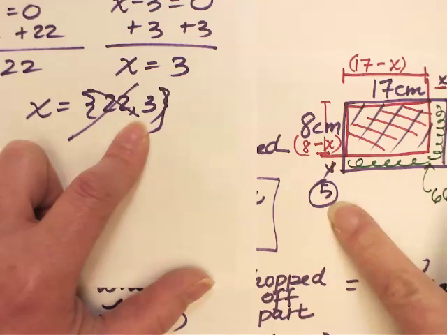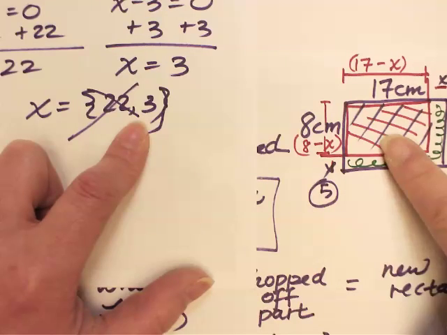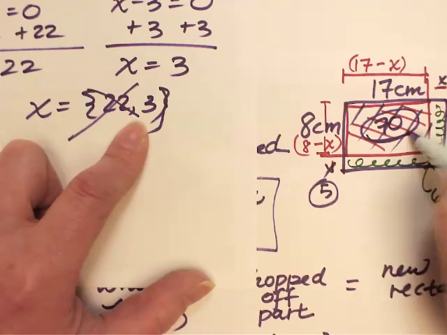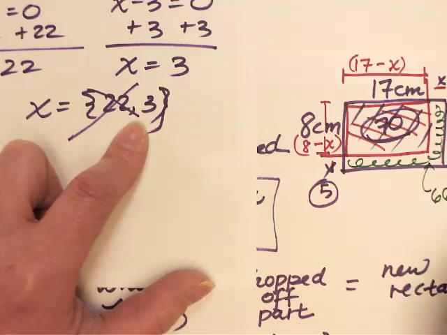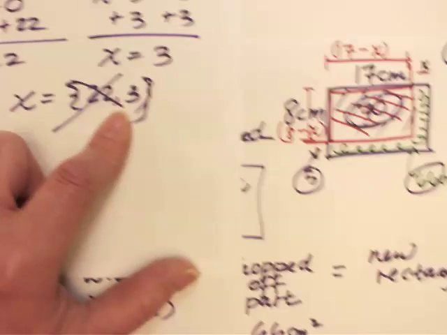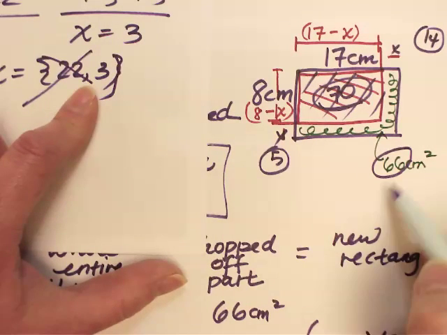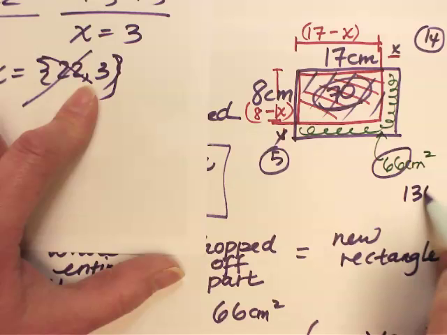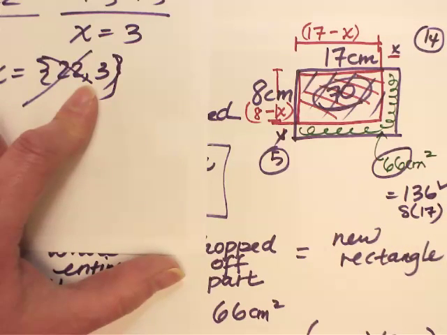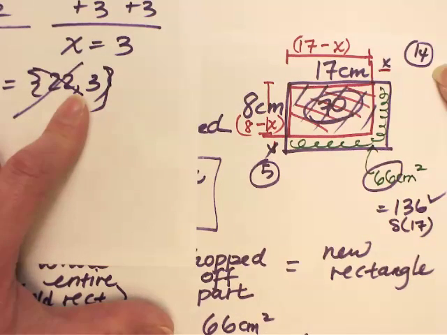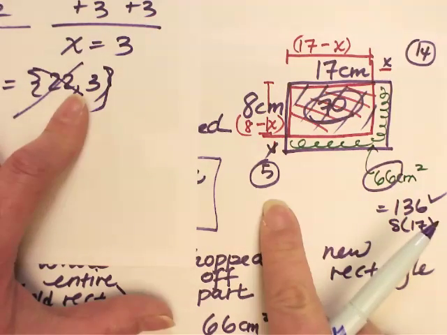So I get 5 times 14, which would give me a 70 for the area of my new rectangle. And I chopped off 66. So would the 70 plus the 66 give me 136, which was 8 times 17? And it does. So it checks. So my new rectangle must have lengths of 14 by 5 centimeters.